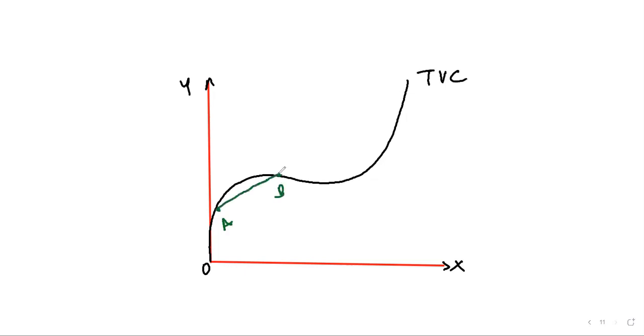You join these 2 points. This line is never above the graph. So this is concave. You take 2 points. You join these 2 points. The line is never below the graph. So this part is convex. So initially you have a concave function, then you have a convex function for the total variable cost. Okay.